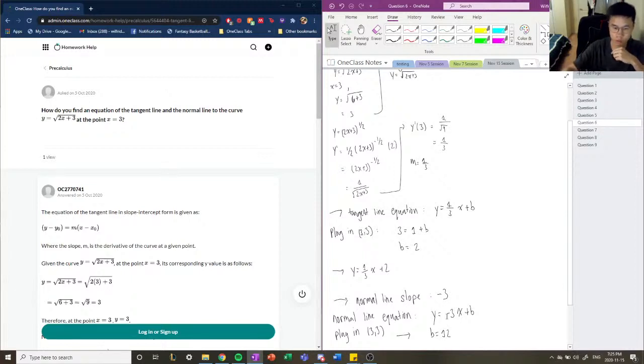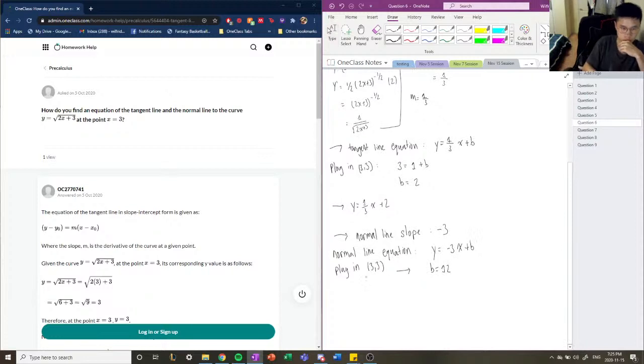So therefore, the normal line is y equals negative 3x plus 12. And our tangent line is y equals 1 over 3 x plus 2.